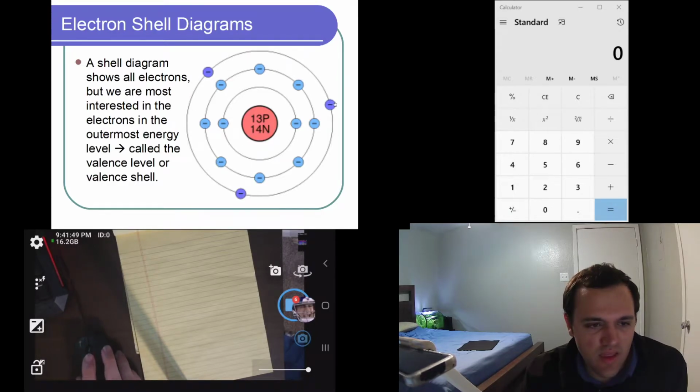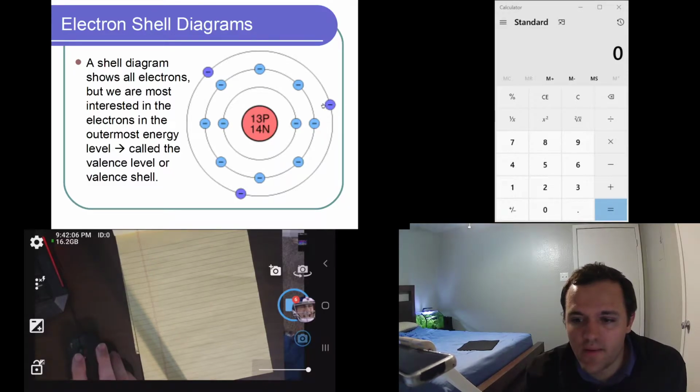In this case it only has 3 because the atom that they were modeling had 13 electrons total, so you end up with 3 valence electrons in the outermost shell. So if you're ever not sure about how many valence electrons something has, you can draw out your Bohr model to figure it out. That's the most foolproof way to do it.